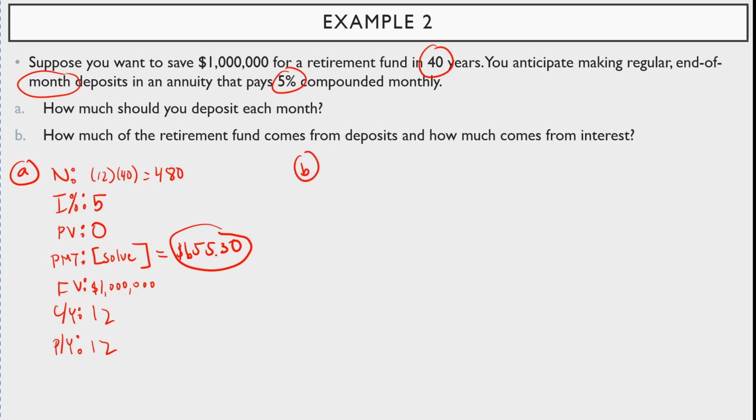All right, so B. How much comes from deposits? Well, that's just going to be my PMT times N times T, okay? So it's $655.30 monthly payments times 12 for 40 years.